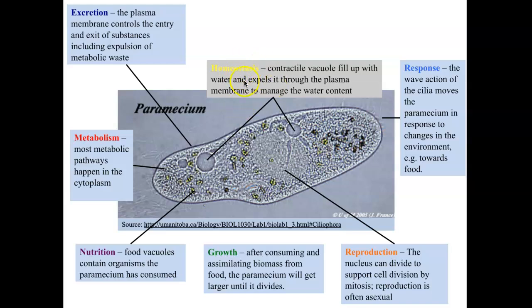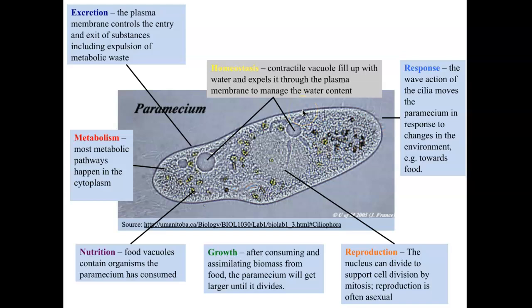And then homeostasis. One of the things that's really neat about paramecium is they constantly live in water, so they have to be able to maintain a balance. If too much water went inside the paramecium and couldn't come out, then the paramecium would just swell up with water, and eventually it could burst and die because the cell membrane that surrounds it is very flexible.